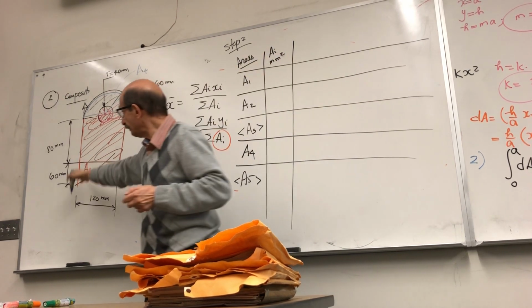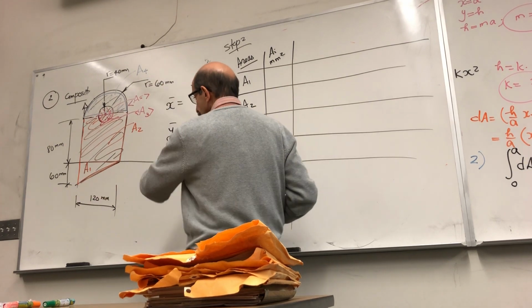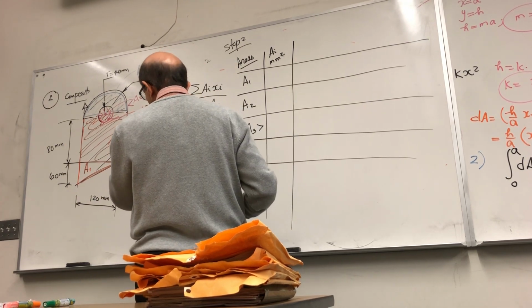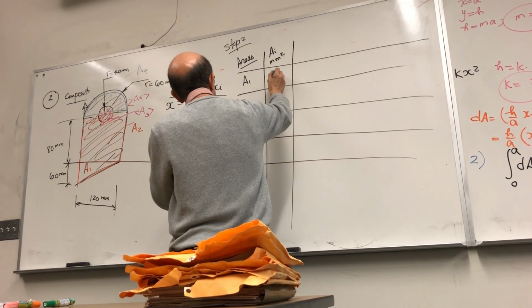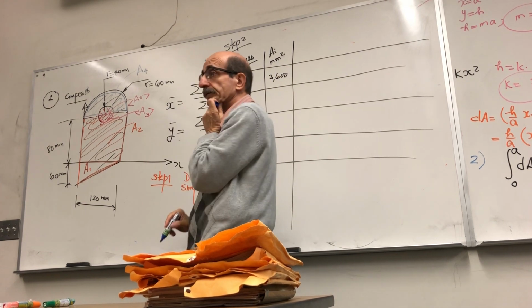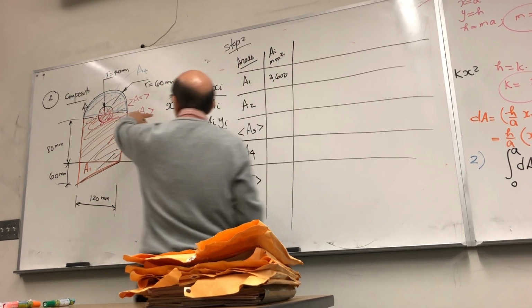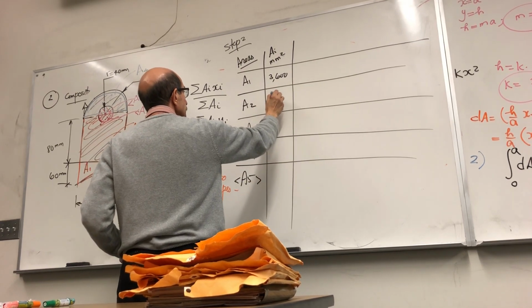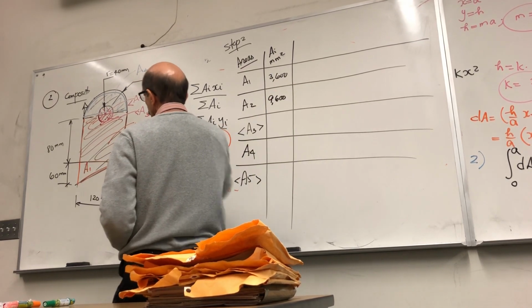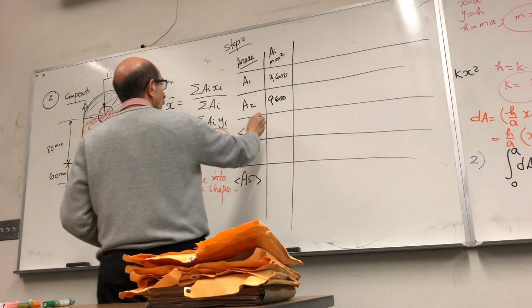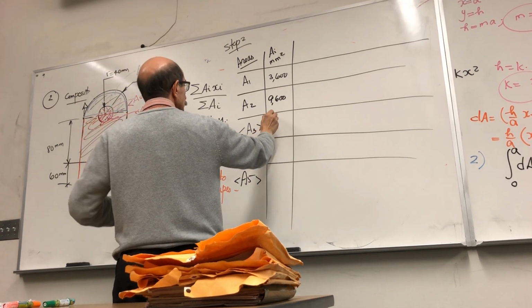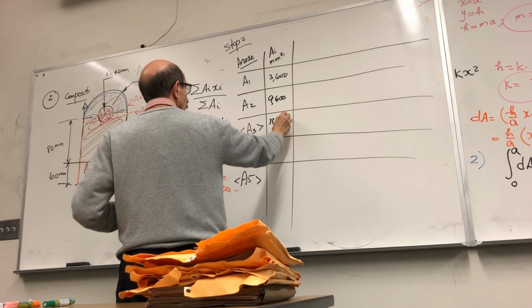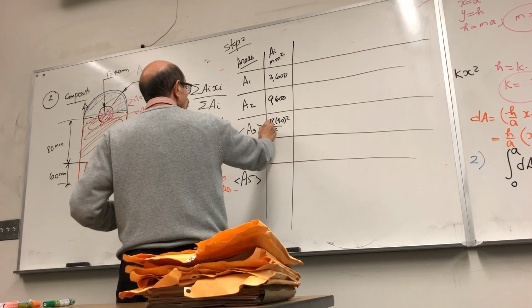For instance, this is a triangle, so it would be 60 times 120 divided by 2, so it would be 3,600 millimeters squared. For this rectangle, 80 times 120, so it would be 9,600 millimeters squared. For this half a circle, it is pi times 40 squared divided by 2, but that is negative.